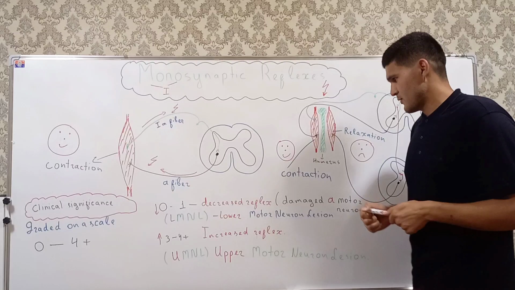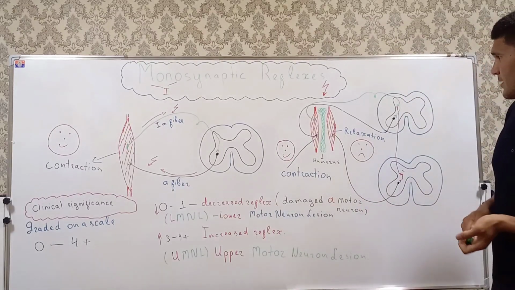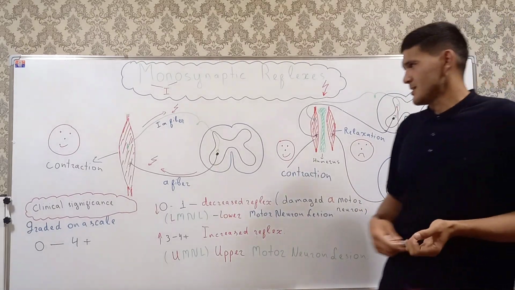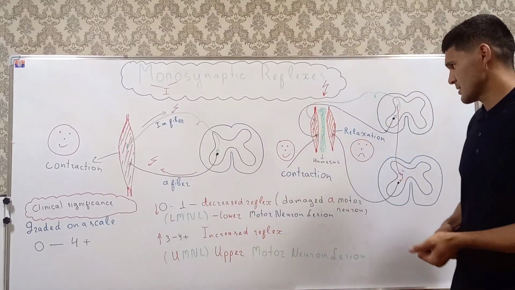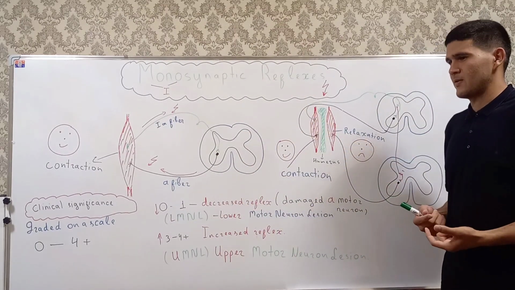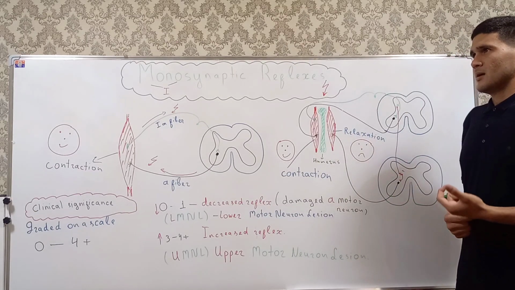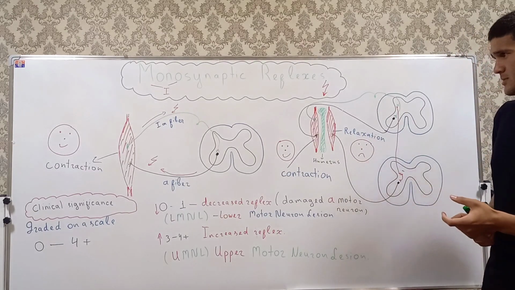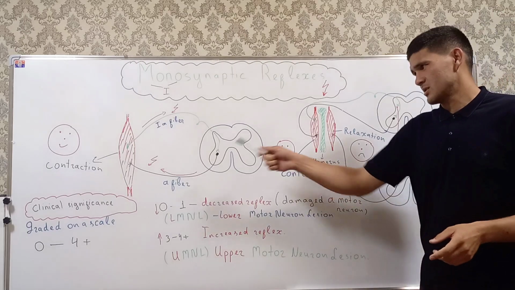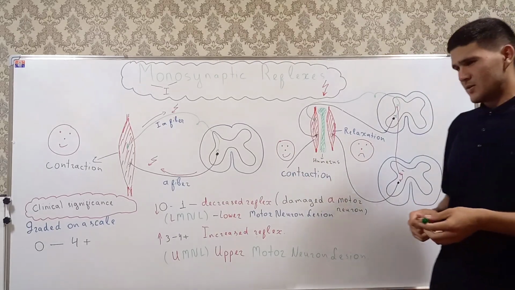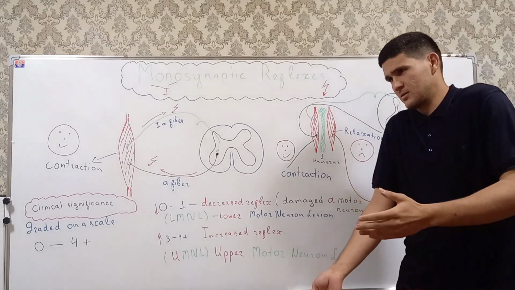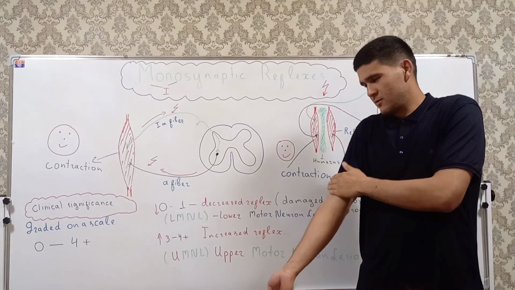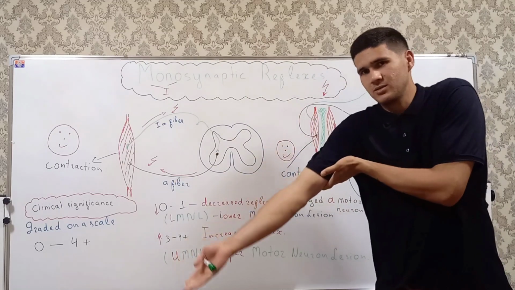And the next information about this reflex, in fact, there is a simple illustration for you about the monosynaptic reflexes. However, there is another action taking place simultaneously with the contraction of this muscle. There are muscle groups, of course: flexors and extensors.